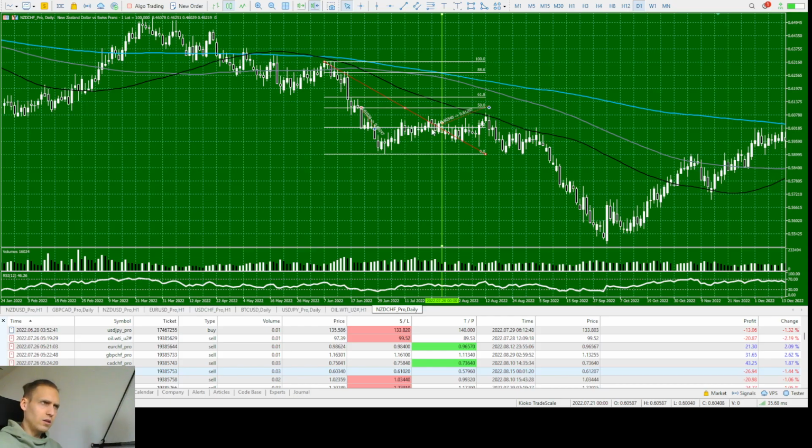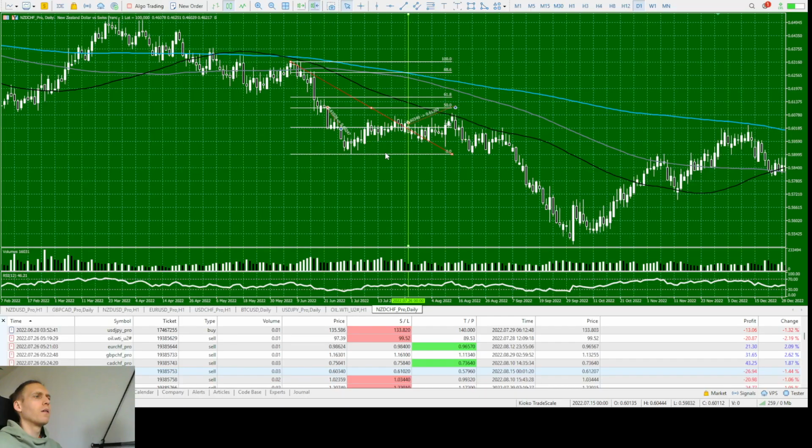Just shorting it there, hoping for a deeper pullback. Wait, what? Hoping for a deeper pullback? And instead we got consolidation, and I was shorting it there, not hoping for a deeper pullback, hoping for a shallow pullback and ending this pullback very, very soon.